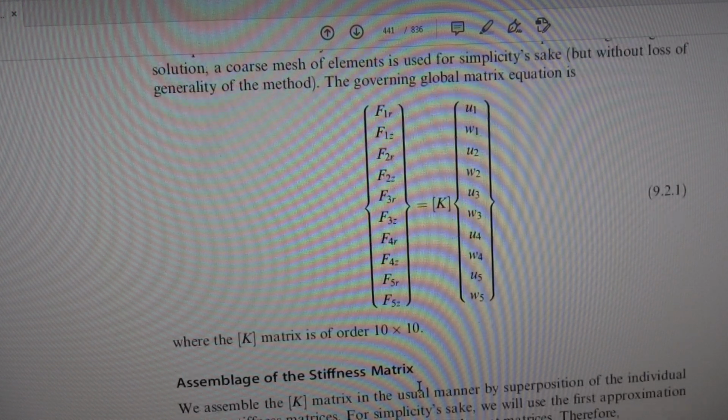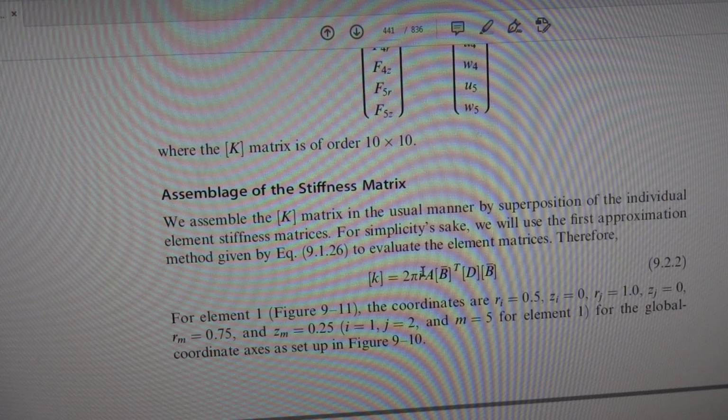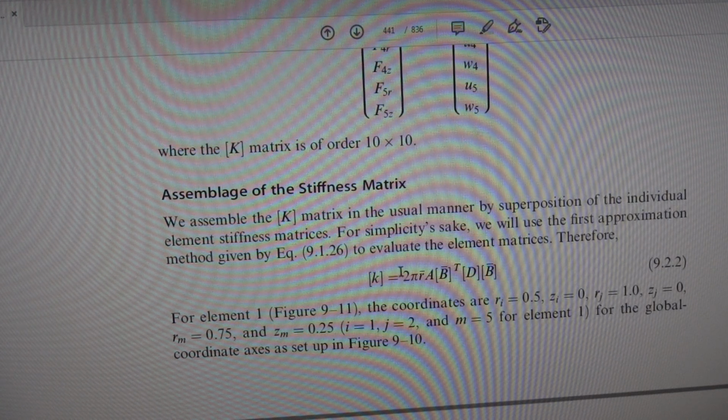Already I explained how to find the K matrix. The K matrix is equal to 2 pi R bar A B bar transpose D B bar. Bar is used for R, the average value at the centroid. If you do not consider the average value, then you have to integrate over the area dA.